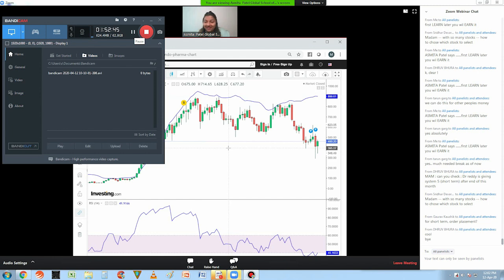Rule number one, monthly candle should close above upper Bollinger Bands. Rule number two, RSI of that monthly candle should be greater than 60.